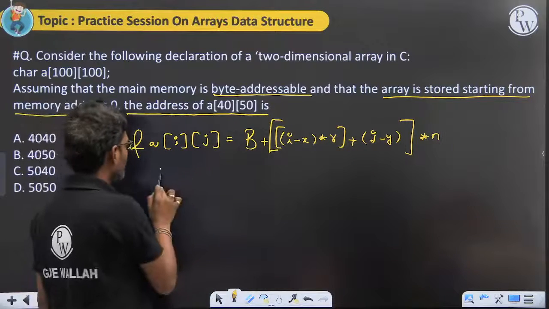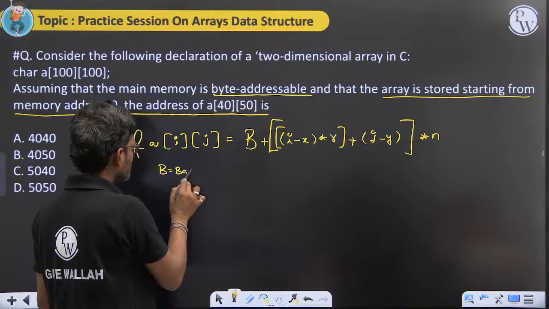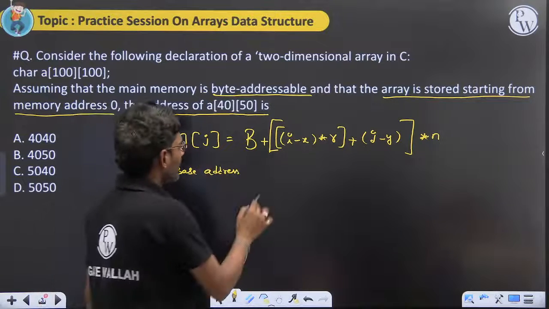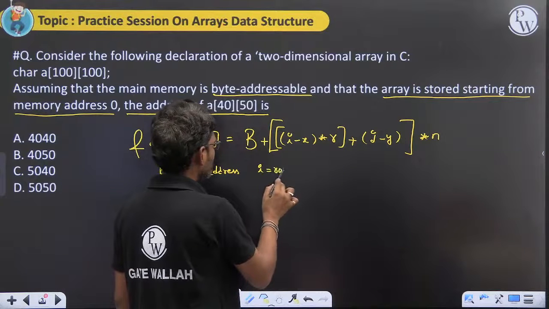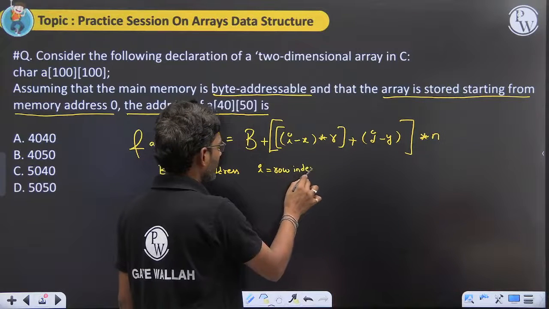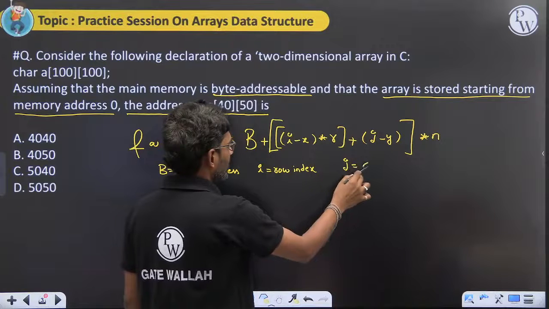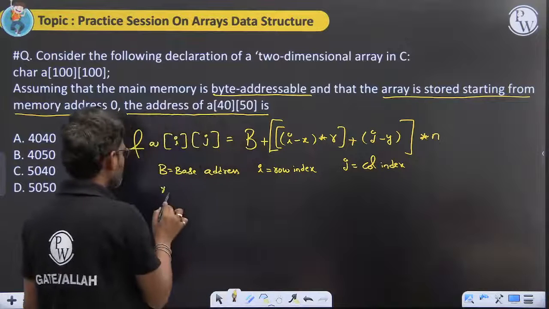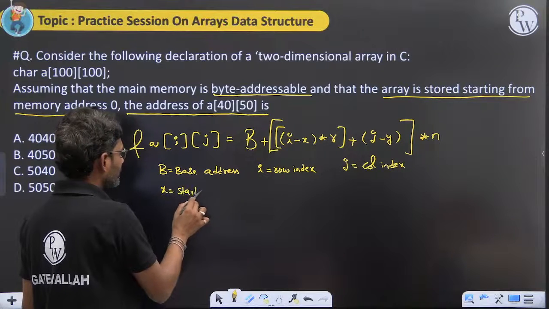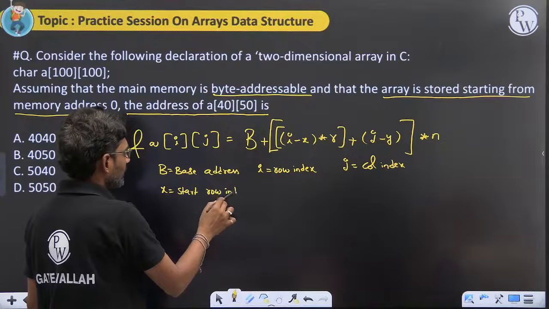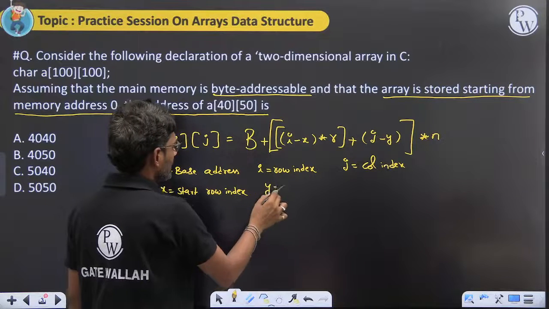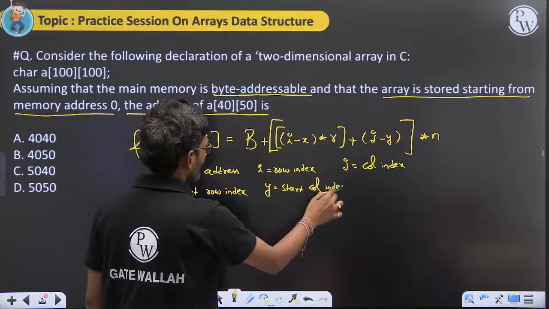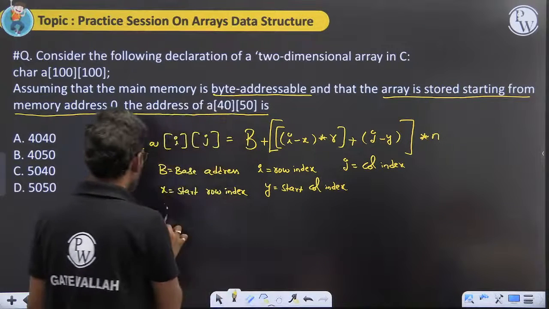So here we know B is the base address, I is the row index whose address we wanted to find, its row index is I, column index is j, and x is the start row index, y is the start column index, r is the total number of rows.